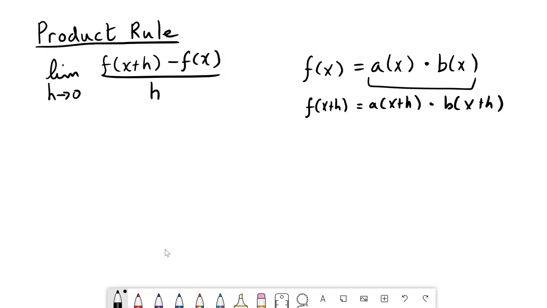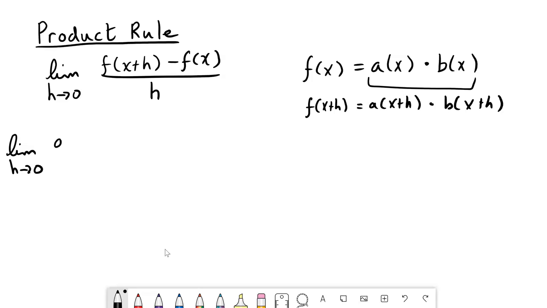Alright, so here's where all the algebra happens. A lot of algebra thinking, and the calculus just comes at the end. It is kind of surprising how they even formulated this product rule. So let's begin. I'm just going to plug in what we know.